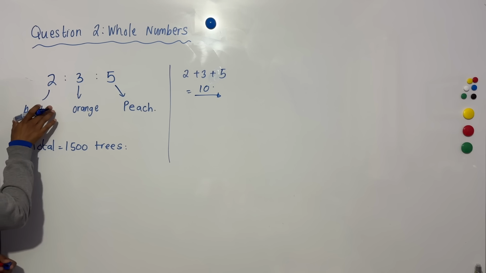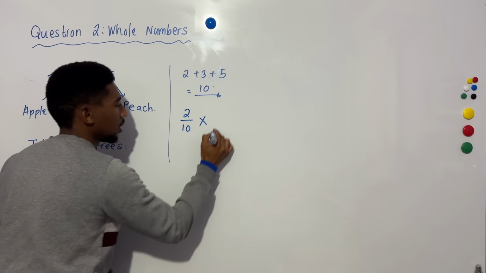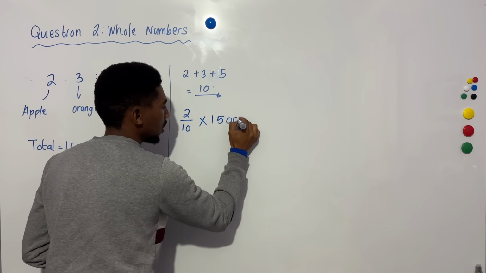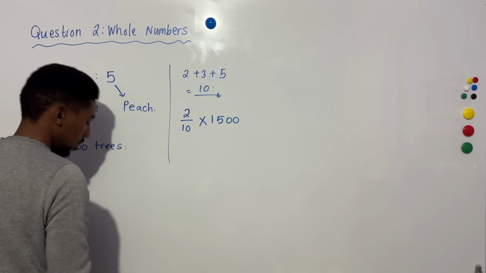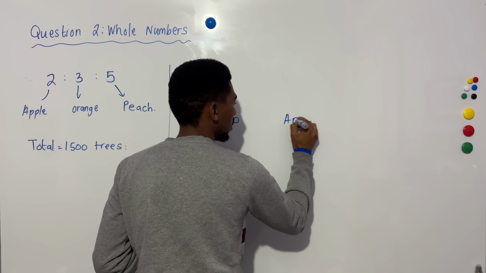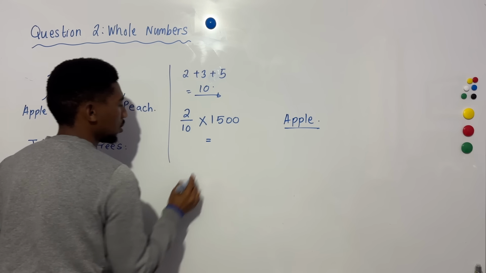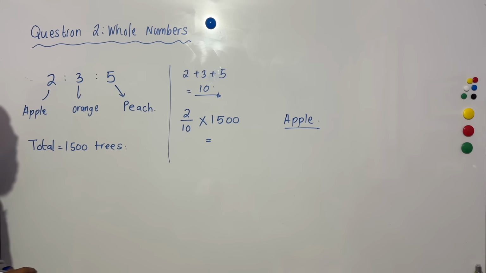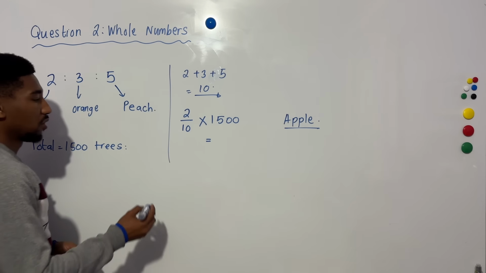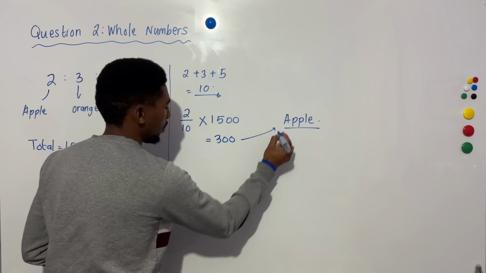So now my apple tree is going to be 2 over the total times 1,500. Okay, this is for our apple. So 2 over 10 times 1,500. So the number of apple trees here is 300 apple trees.